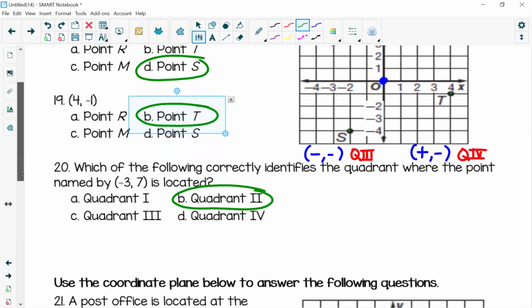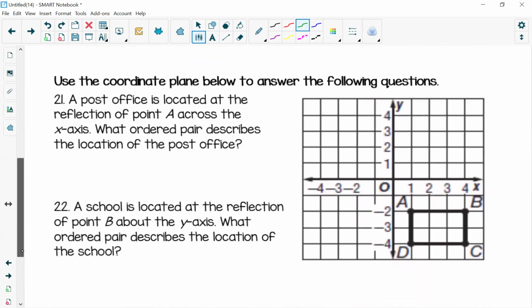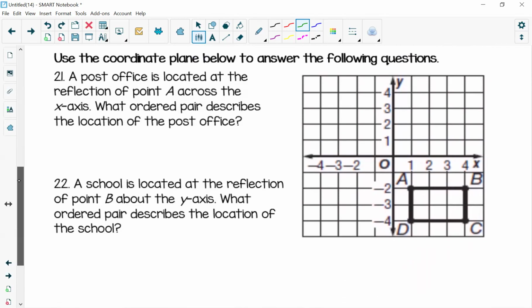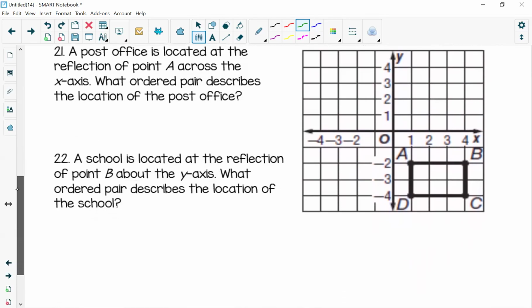So now let's see here. We're coming down here. All right. So this says, use a coordinate plane below to answer the following questions. A post office is located at the reflection point of A. So here's A. So it's either going to reflect the Y or it's going to reflect the X. So let's see what it wants. The reflection point of A across the X-axis, which means I have to cross it.